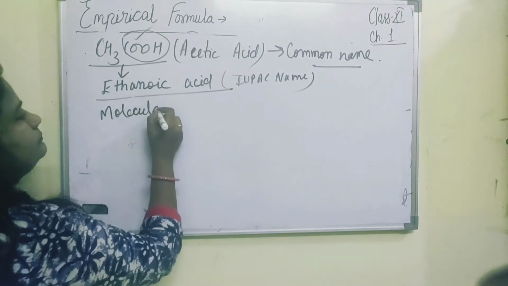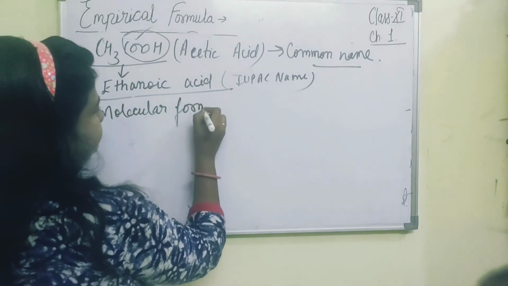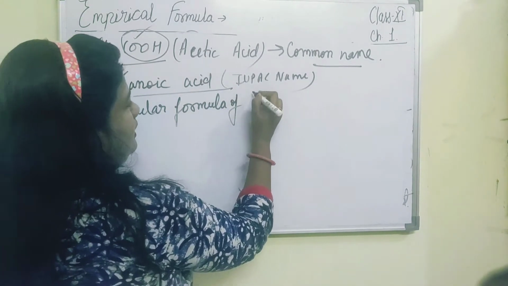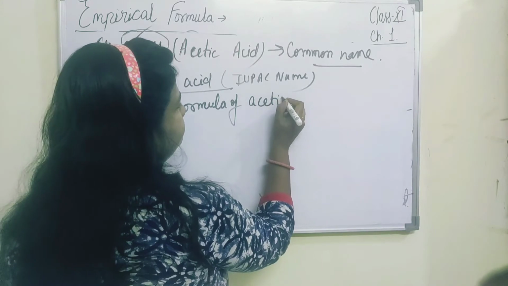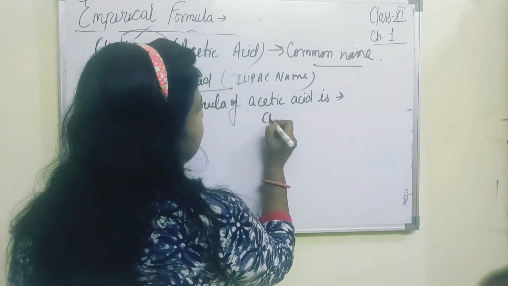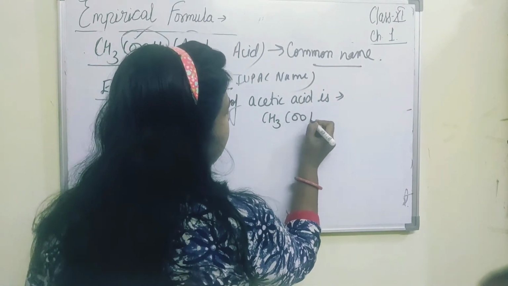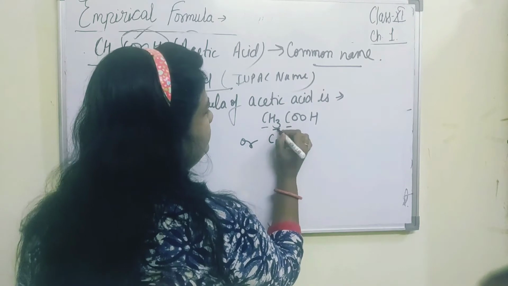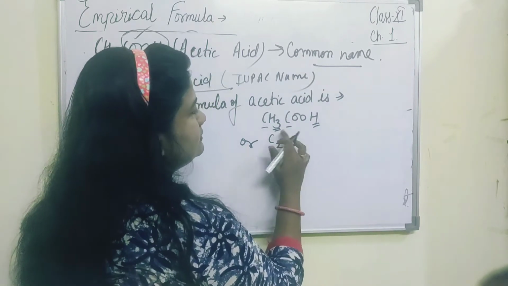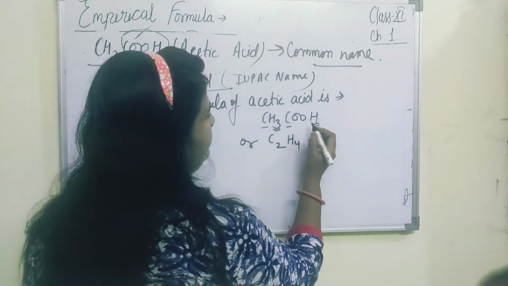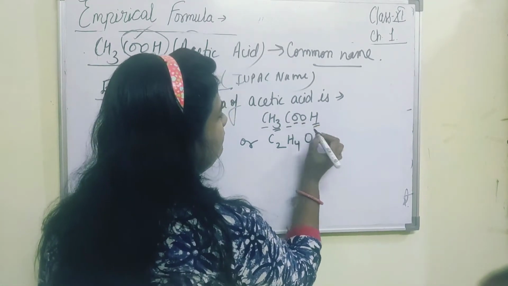Molecular formula of acetic acid is CH3COOH. It means C2, hydrogen atoms total number present in this molecule 4, and oxygen atoms 2.